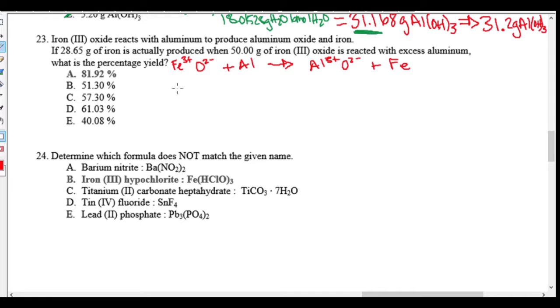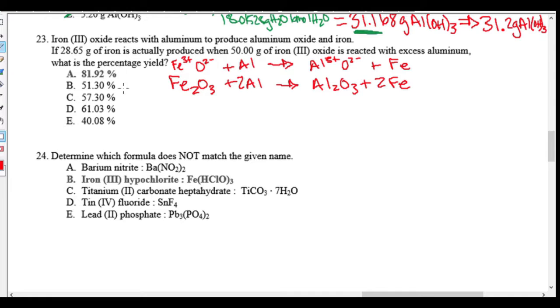So to write the formula correctly, would be Fe2O3 plus Al to give me Al2O3. That puts a 2 in front of here, plus 2 Fe. Right, so 3 oxygen, 2 aluminum, 2 aluminum, 2 iron, 2 iron. Perfect.